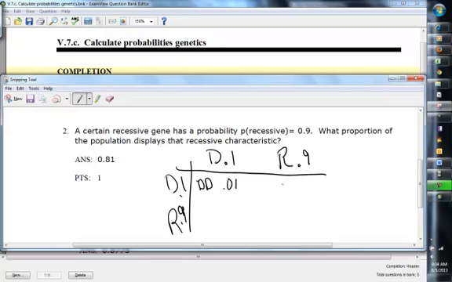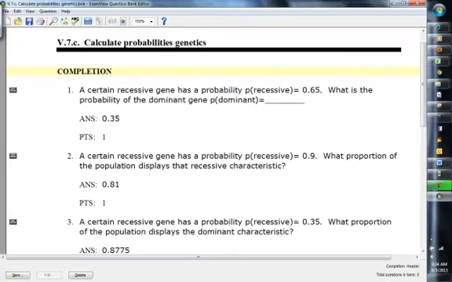Dominant times recessive, 0.9 times 0.1 is 0.09. Dominant and recessive is 0.09. Recessive times recessive is 0.9 times 0.9, which is 0.81. Next one.